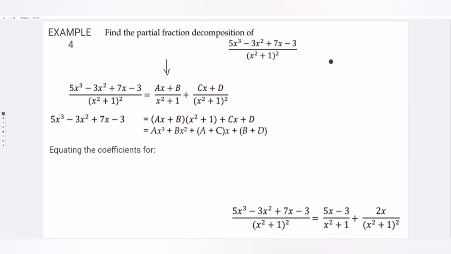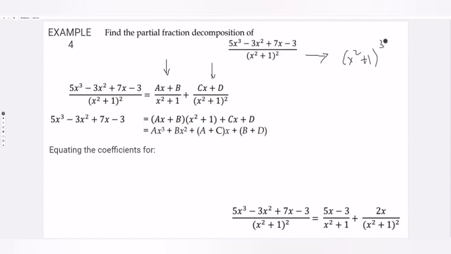So assuming our denominator is (x squared + 1) raised to 3, all you need to do is the same with your first term, (ax + b) over (x squared + 1). Okay, so next one is (cx + d) over (x squared + 1) raised to 2.